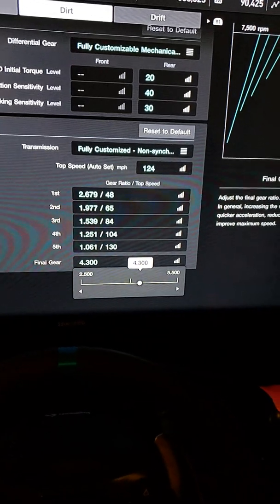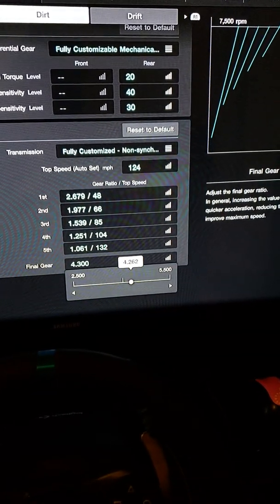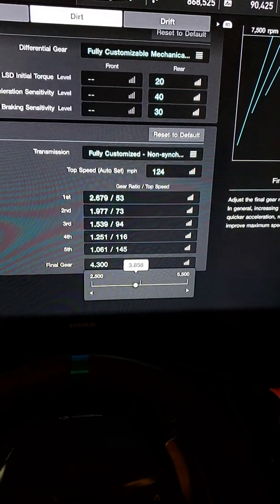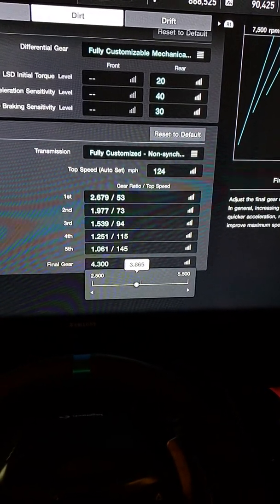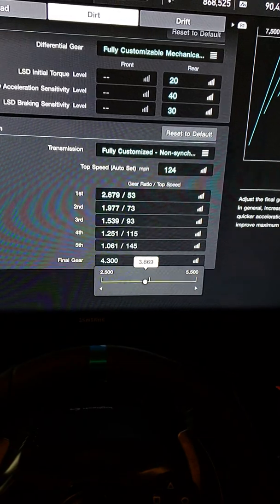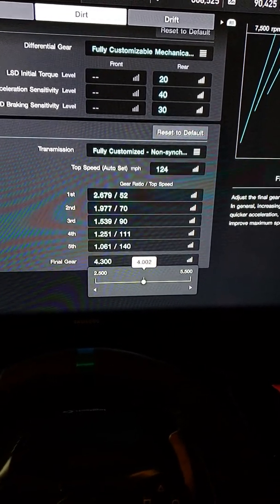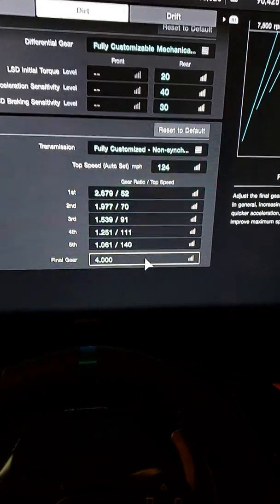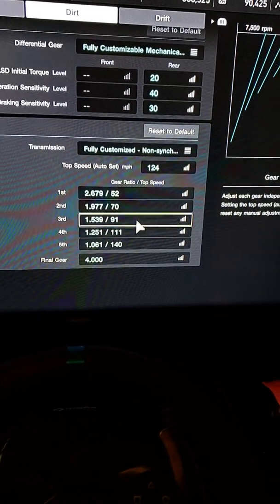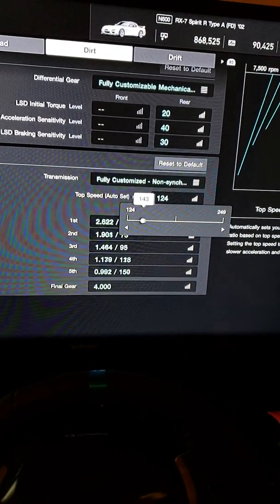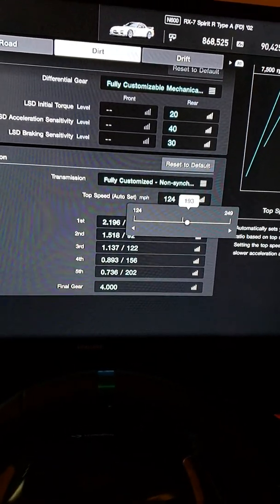You have to get the final gear and bring that to the median. You could figure it out by doing 5.5 plus 2.5 and divide that by 2, or you could just line up this dot with the middle marker there, and that's 4.0. And then you take the auto set speed option and you bring that to the middle as well.